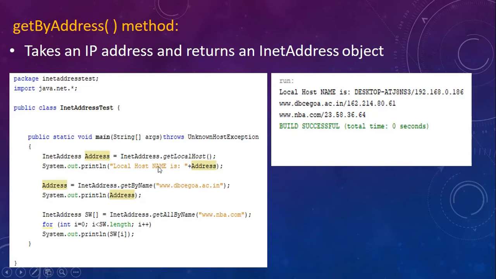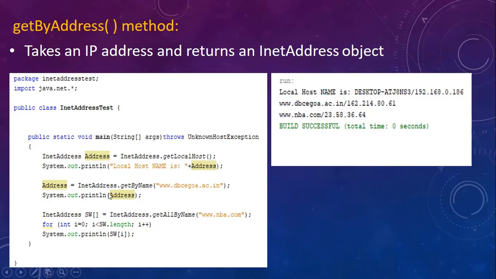Then I am printing the localhost name, address. The getLocalHost method returns the name of the local host. You see this is the name that is returned. My computer's localhost name is DESKTOP-ATJ8NS3, and this is the corresponding IP of my machine, 192.168.0.186. So getLocalHost gets you the name and the address of your local host.